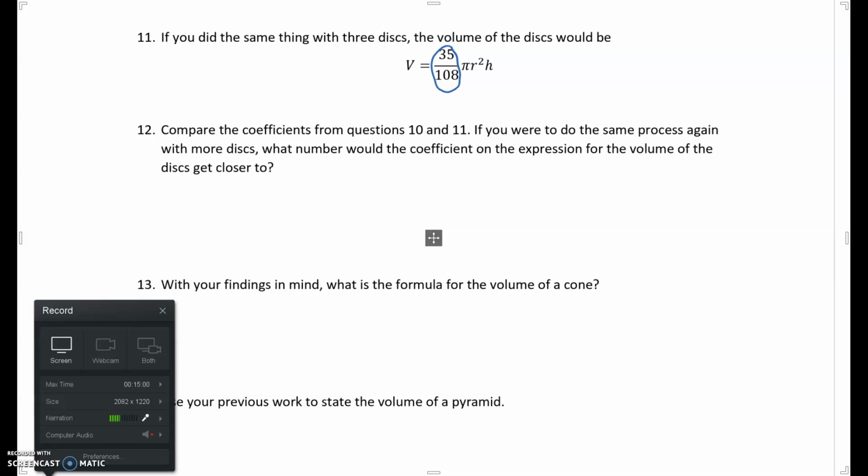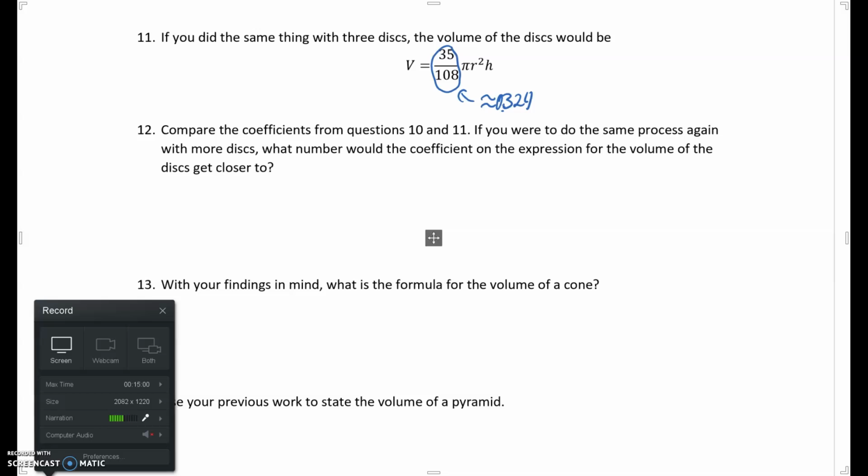And 35 divided by 108 comes out to be approximately 0.324, which is almost that 0.33.